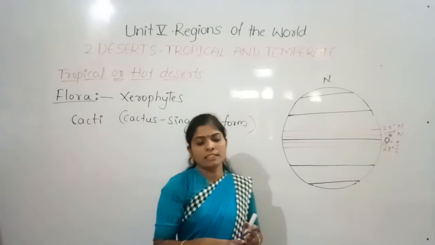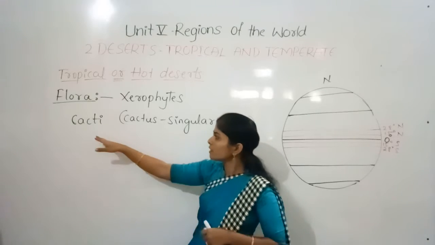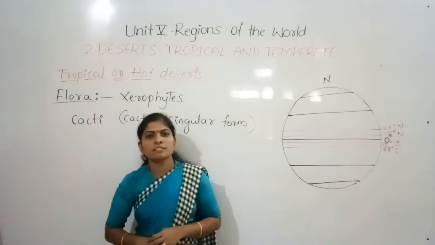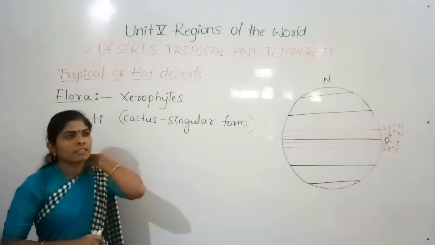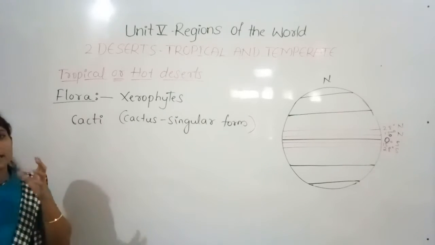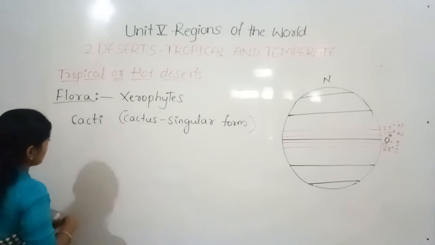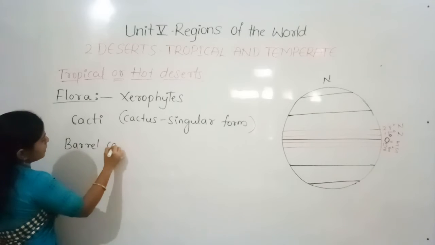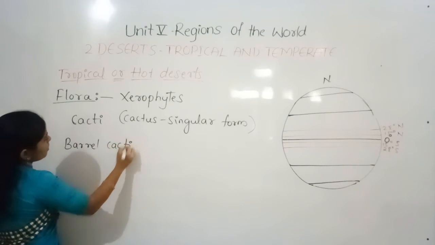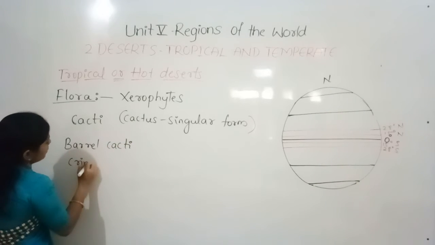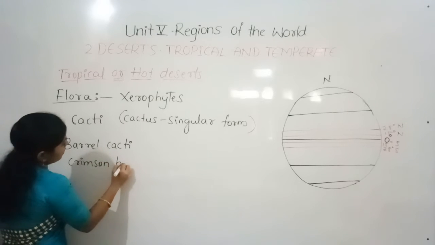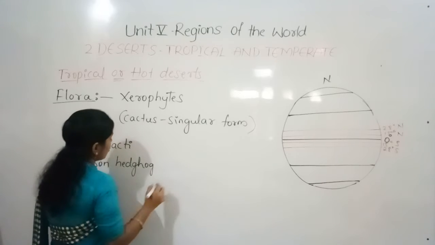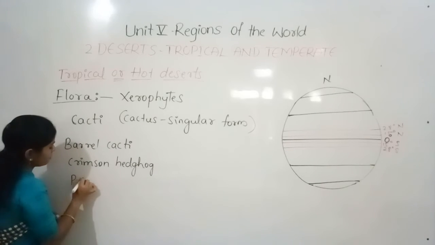Primarily we can observe the cacti, and different kinds of cacti in these regions, such as the barrel cactus and also the crimson hedgehog. I will write here: the barrel cacti, the crimson hedgehog, and also the prickly pear.